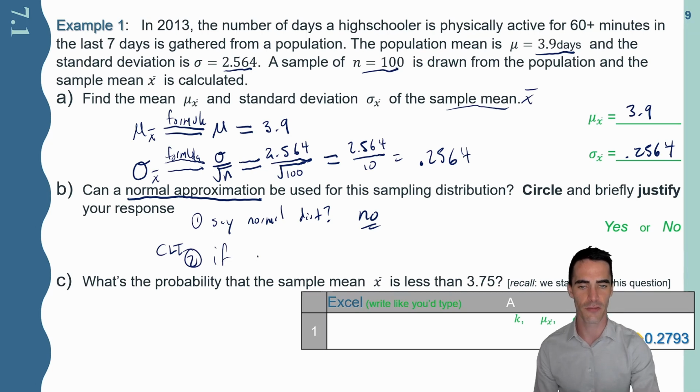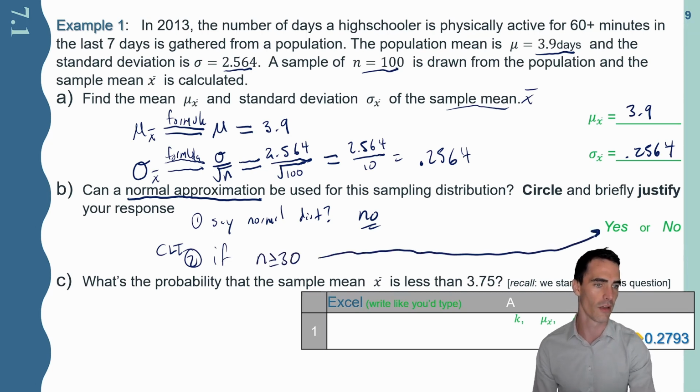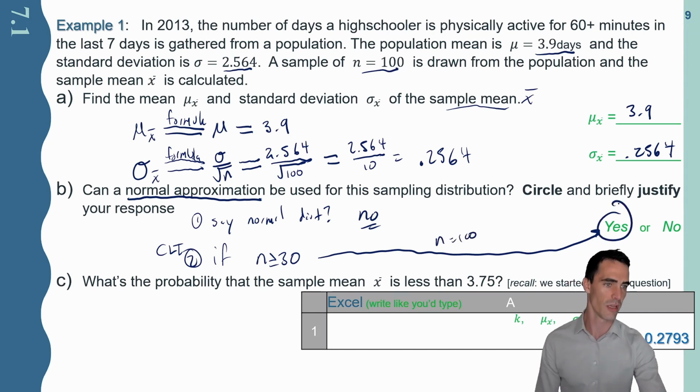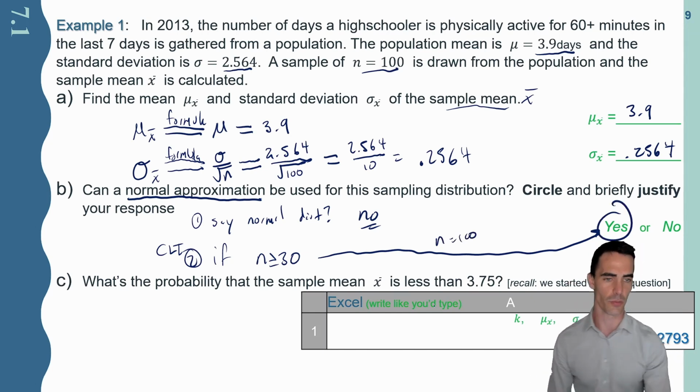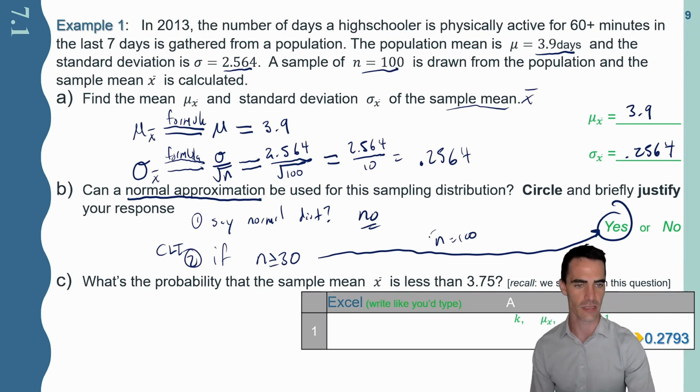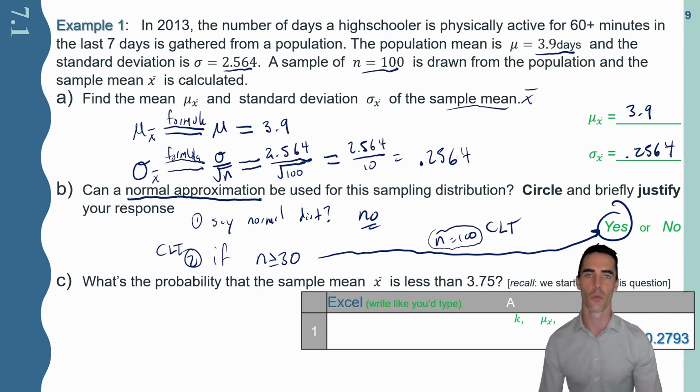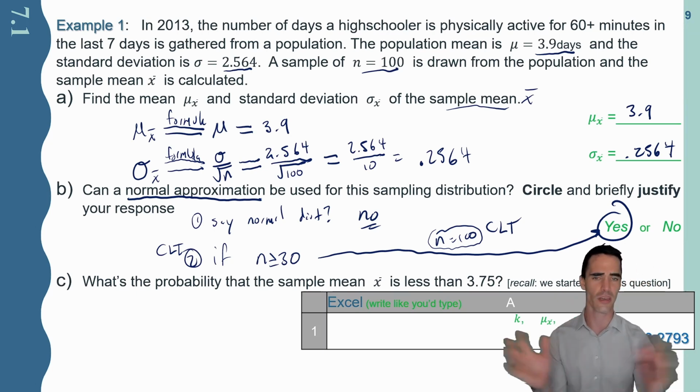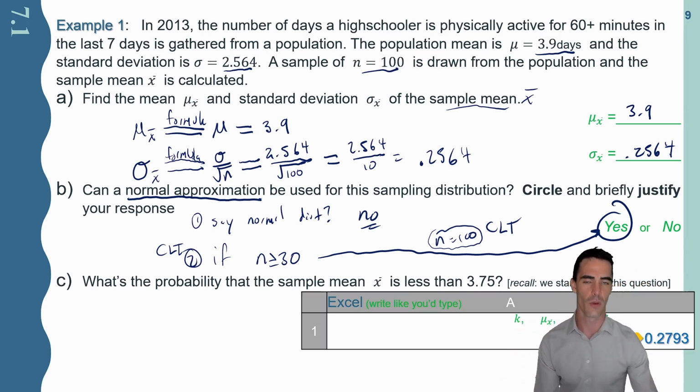It says, look, if n is greater than or equal to 30, then you're golden. And for this case, n is equal to 100. My sample is plenty large. Yes, I can use the normal distribution. And if they ask why, you can say I have a large enough sample and just write central limit theorem or golden. I don't need a graph or to build anything out. Right away, large enough sample size, I know we're normally distributed.